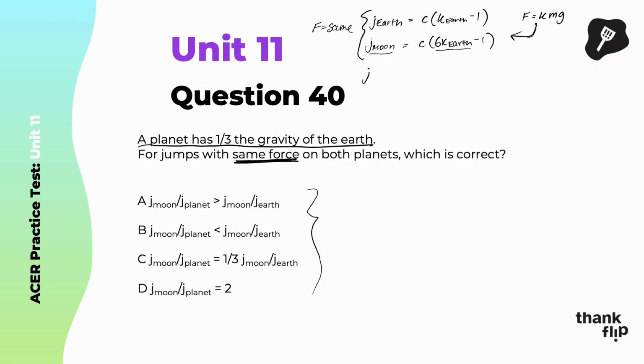And so if we extrapolate this to our new planet, we're told that our new planet has 1/3 of the gravity of the Earth. And so if we're following the pattern here, then our equation should be this.